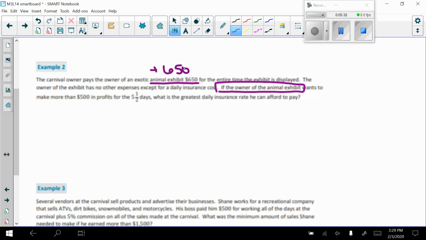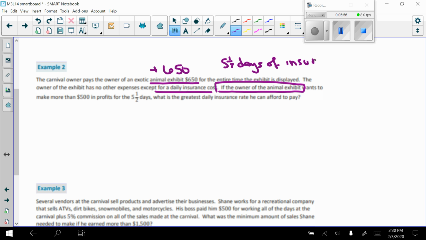Money going out is 5.5 days of insurance.